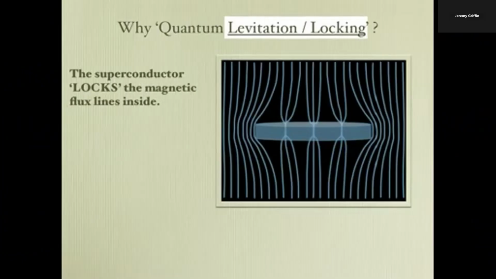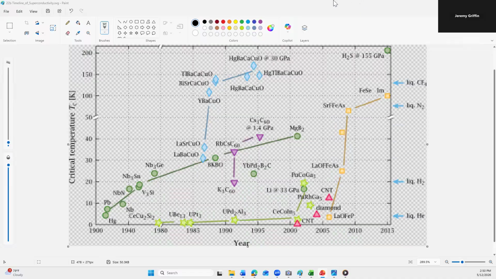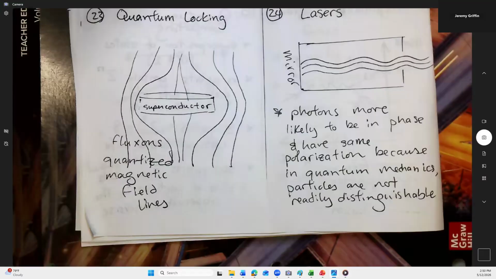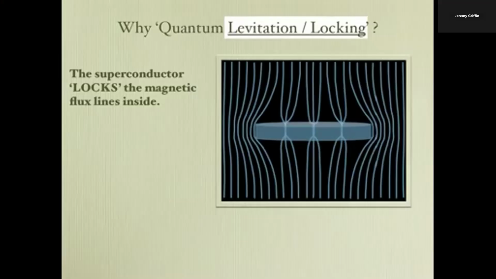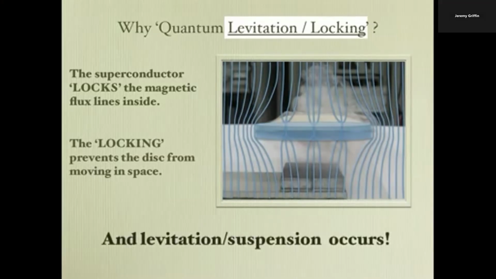So what it actually does is lock these strands, which are called fluxons, in place. And by doing that, it is actually locking itself in place. Why? Because any movement of the superconductor will change their place, will change their configuration. So we get quantum locking.